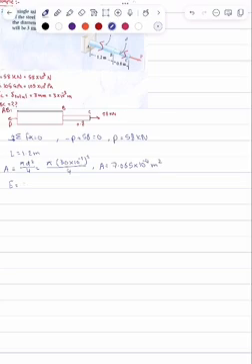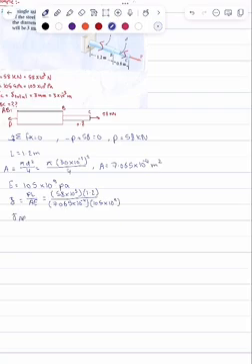E equal 105 times 10 power 9 Pa. Delta equals PL over AE, equal 58 times 10 power 3 times 1.2 over 7.065 times 10 power minus 4 times 105 times 10 power 9. Delta AB equal 9.38 times 10 power minus 4 meter.